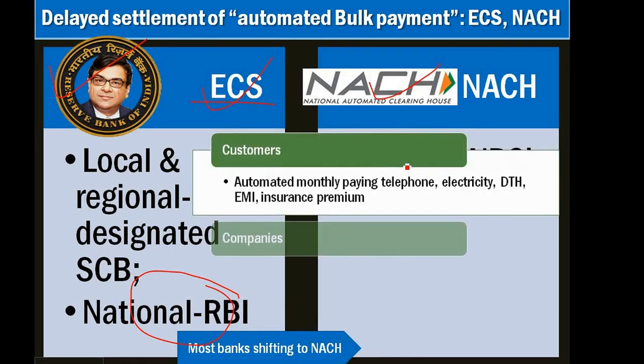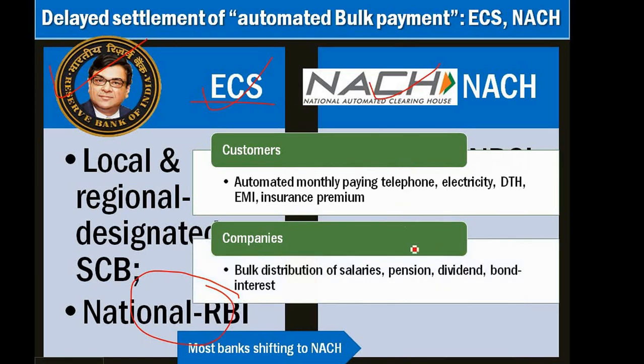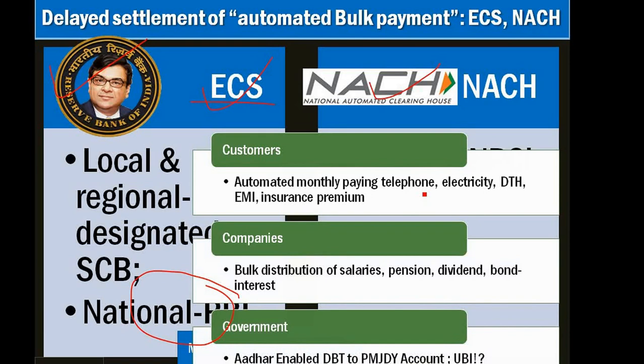Whereas NACH stands for National Automated Clearing House, developed by the National Payments Corporation of India, and much more integrated and diverse services are provided by NACH as compared to ECS. This includes customer services, such as customers can automatically pay their telephone bills, electricity bills, DTH, EMI, insurance and premiums. And for companies, NACH can be used to transfer bulk salaries, pension, dividends, bonds and interest.